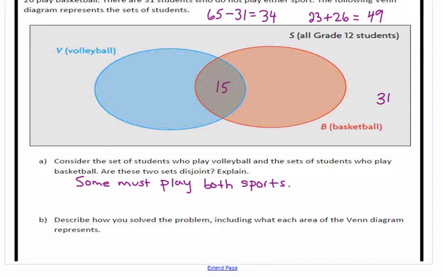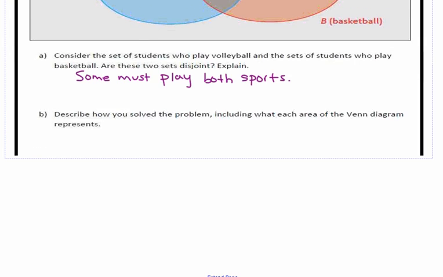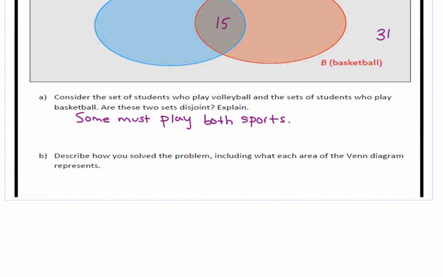Describe how you solved the problem, including what each area of the Venn diagram would have to be. So let's talk about how we got 15. Logical reasoning. We knew how many played sports, 34. We got that from 65 minus the 31, the total minus the people who don't play.